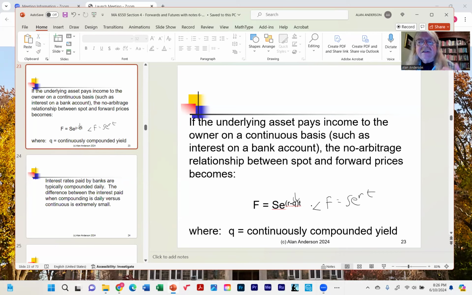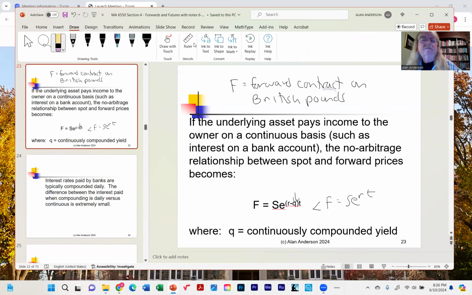Okay, so if the asset, let's say this is a forward contract in British pounds, or what I should say is the forward price of British pounds, that is going to be less attractive than actually owning the pounds in the sense that I'm not earning the British rate of interest.